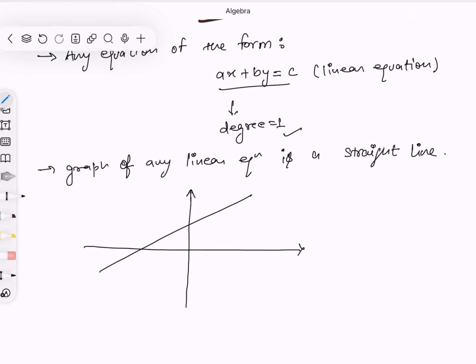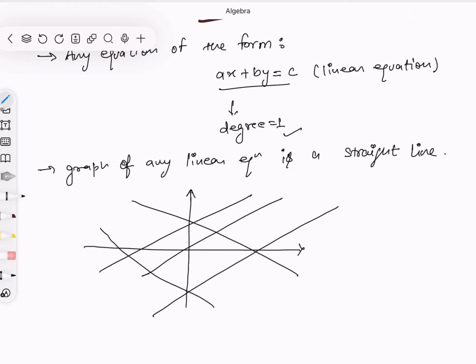Like this, or like this, or like this. Any kind of straight line that you could have, okay, I'm not able to draw that right, but here you go, like this. So if it is a straight line, it is the graph of a linear equation, because the degree is 1, so it's going to be a straight line only.